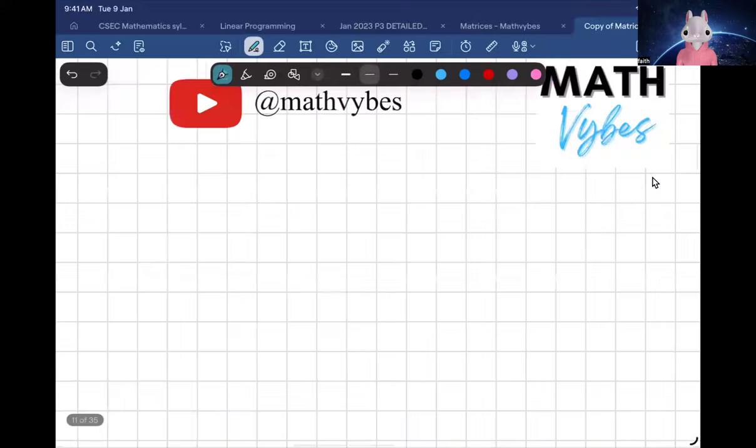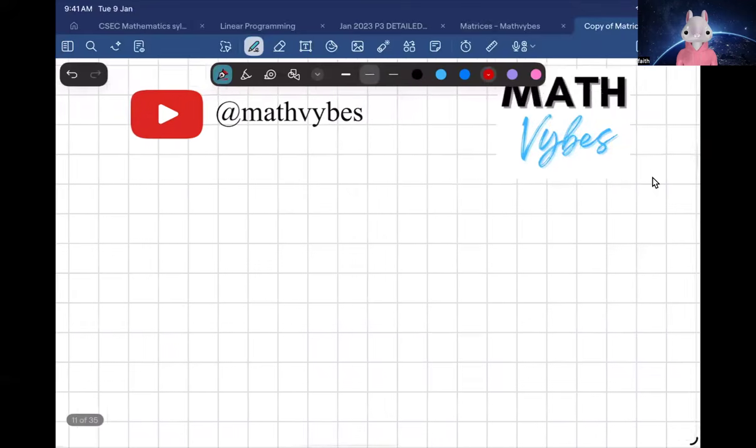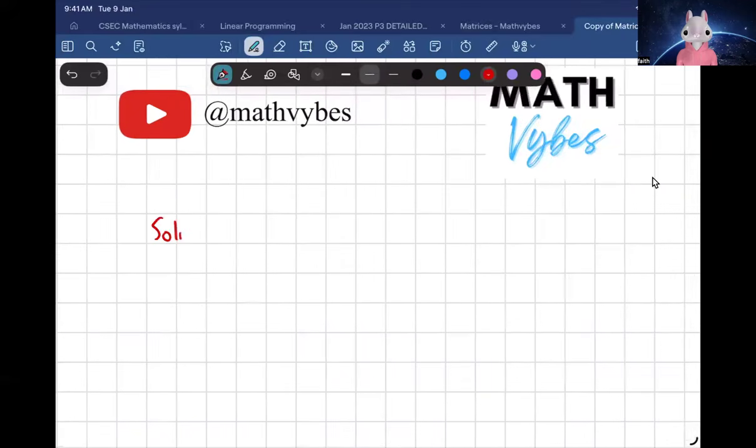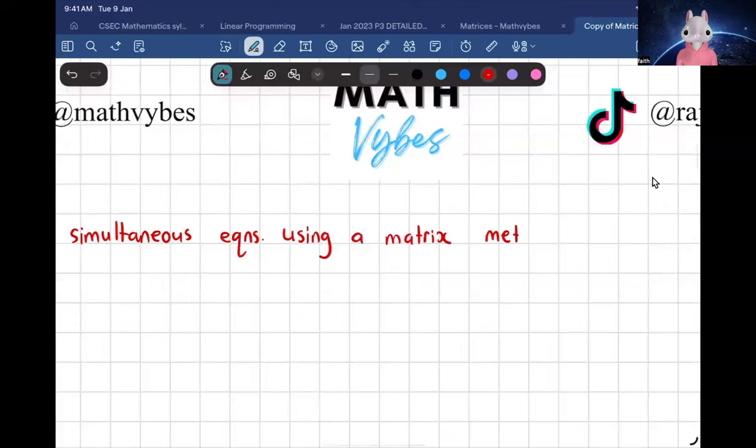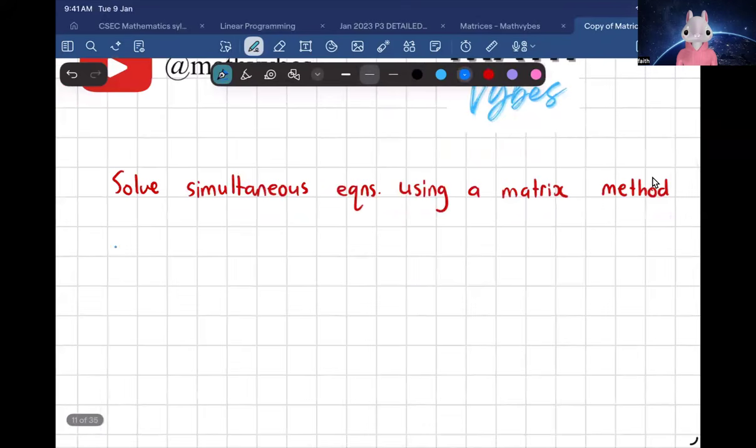You need to be able to solve simultaneous equations using a matrix method. Right, and let me show you how we're going to do this. So let me just get a simultaneous equation question.